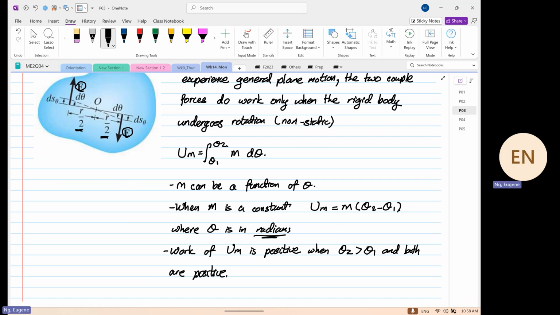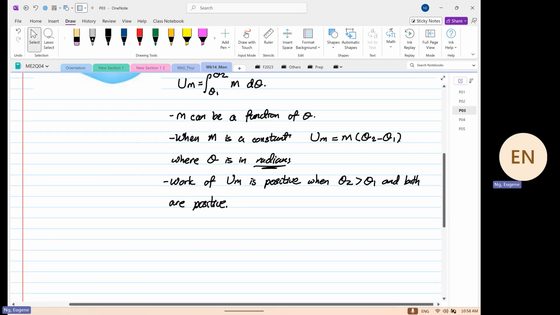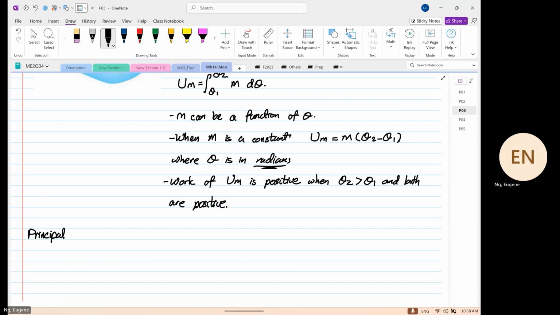Now we are going to use the principle of work and energy. The governing equation is T1 plus the summation of work between point 1 and point 2 is equal to T2.